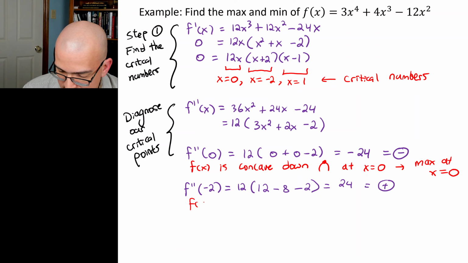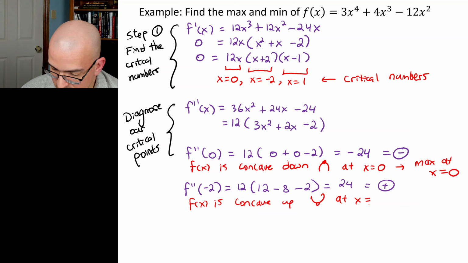So f of x is concave up, has this shape at x equals negative 2. So min at x equals negative 2.